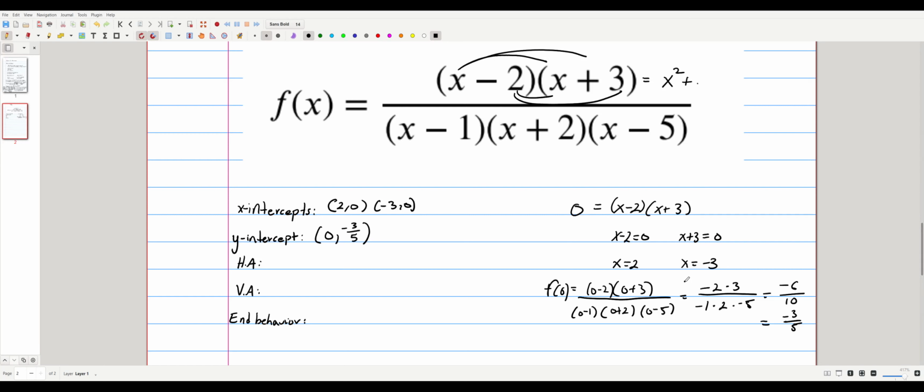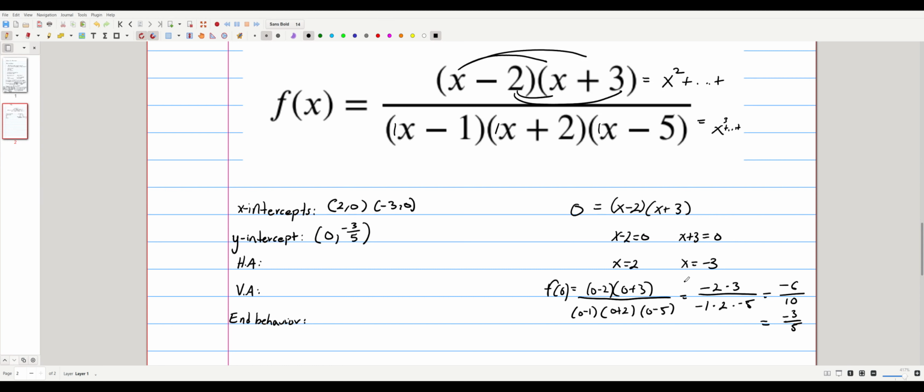There's going to be some other stuff up here, but you're only going to multiply x times another x once, and so the degree of the polynomial on top is going to be x squared. And likewise, because the coefficients of all of these guys are 1 here, that same kind of thing is going to happen, and so we're going to end up with an x cubed and some other stuff here.